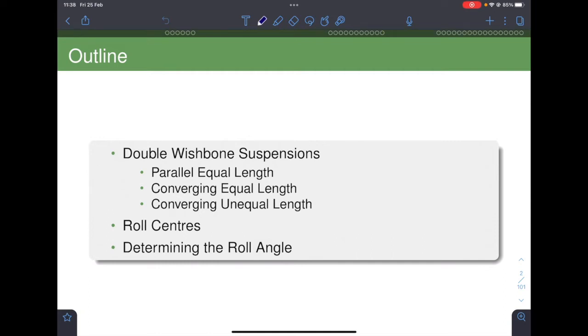We talk a little bit about roll centers, how you determine the roll center for different suspension types, and then move on to working out what the roll angle of the vehicle would be, the things that influence roll angle, and how roll angle is actually calculated for steady-state corners.